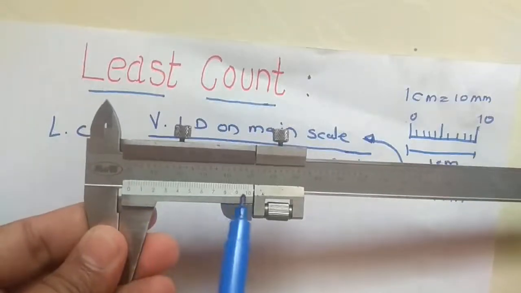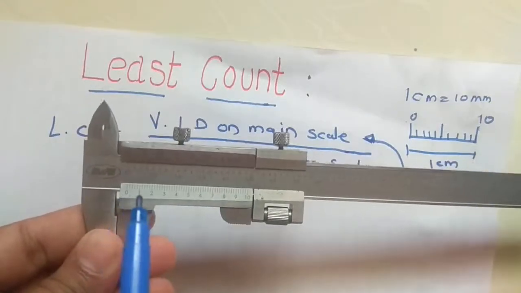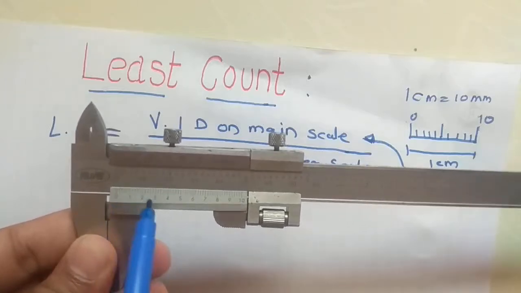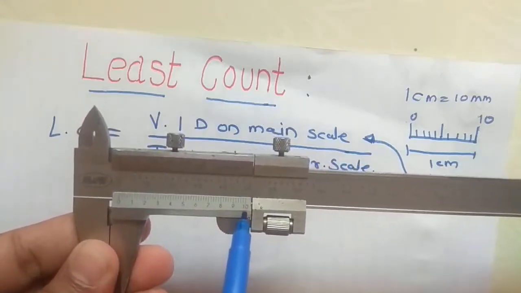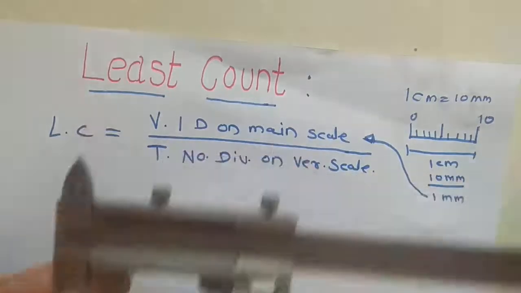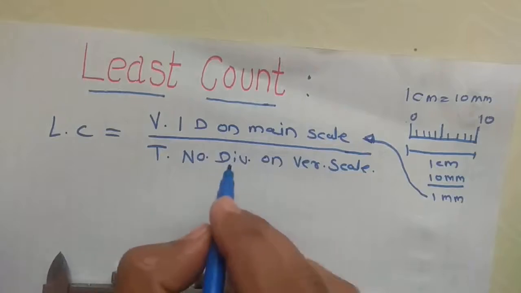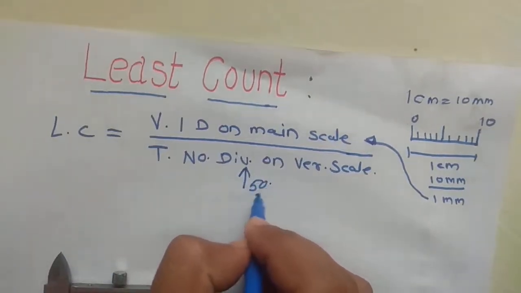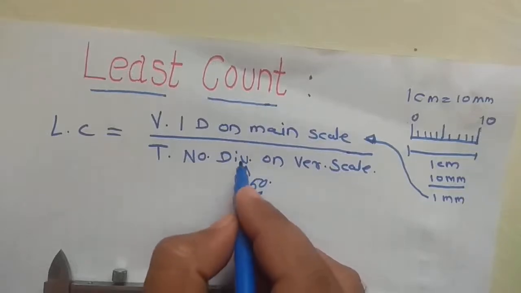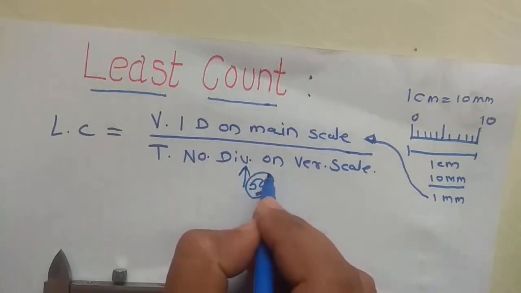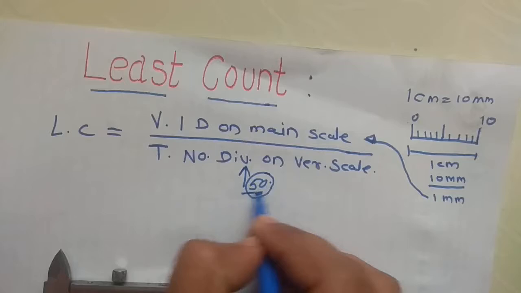On the vernier scale, here 0, in between 0 and 1 we have 5 lines. In this way the total number of lines on the vernier scale is 50. So we can write 50 divisions. In the denominator we don't write the value of the divisions, we write the number only.